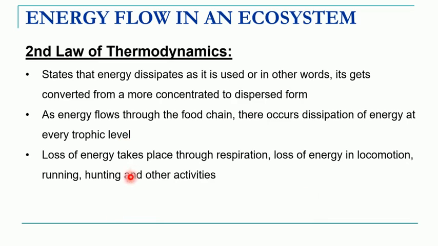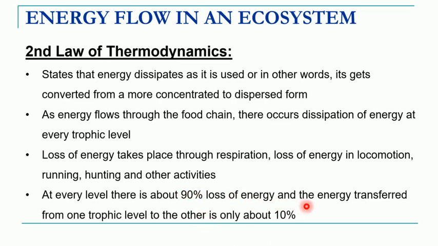This loss of energy takes place in the form of respiration, heat, and different processes of the organism like locomotion, running, hunting and other activities. Every organism is doing different activities, and during this the energy is lost. That's why we say that not 100% energy is transferred, but 90% energy is lost and only 10% energy is transferred to the next trophic level.